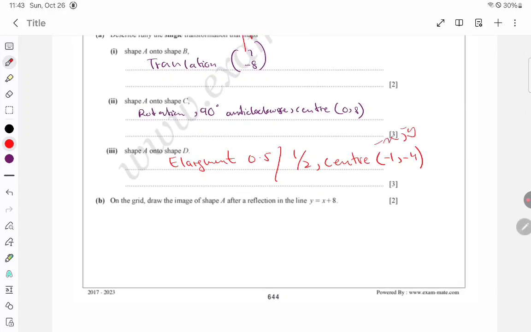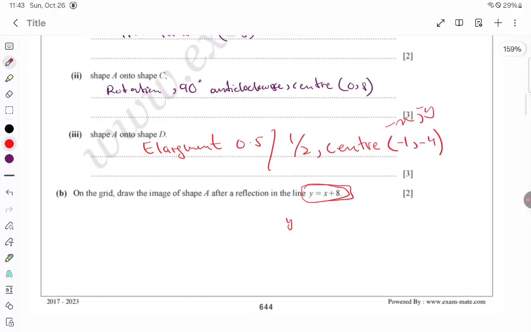So on B part, on the grid, draw the image of shape A after a reflection in the line y equals x plus 8. Now for that, as this equation includes both x and y, you can simply calculate the slope and put the slope in the graph, or this is our x-intercept and y-intercept.